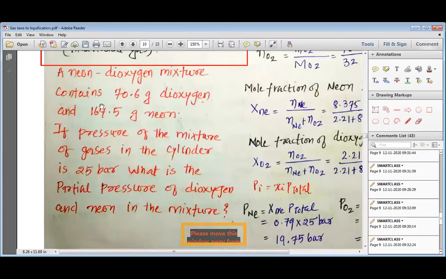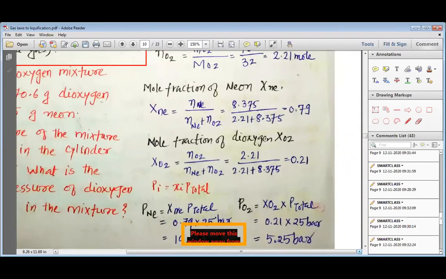A neon dioxygen mixture contains 70.6 gram of dioxygen and 167.5 gram of neon. If pressure of the mixture of the gas in the cylinder is 25 bar, what is the partial pressure of dioxygen and neon in the mixture? So we just need to find out the partial pressure of the neon and the other gas.